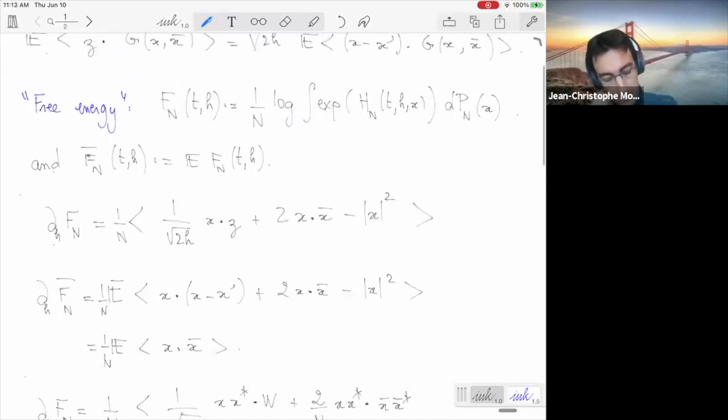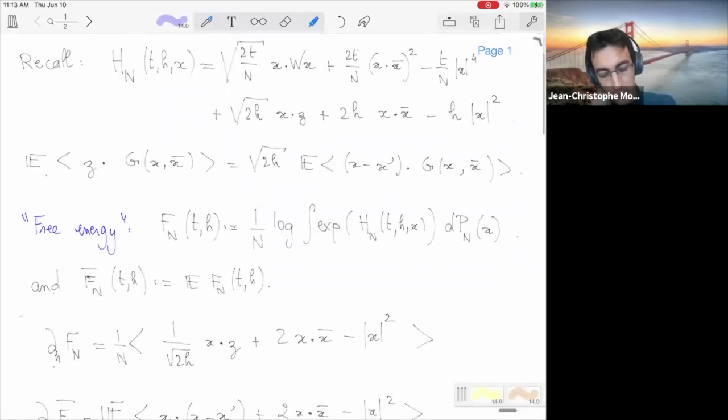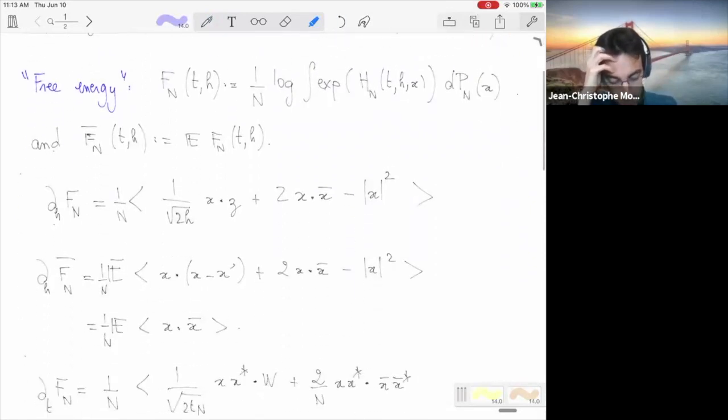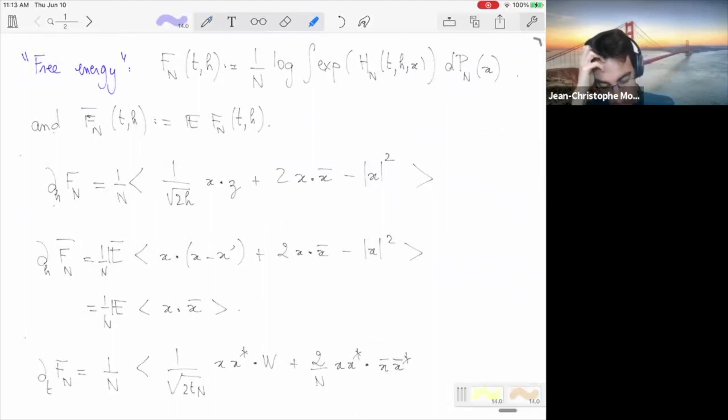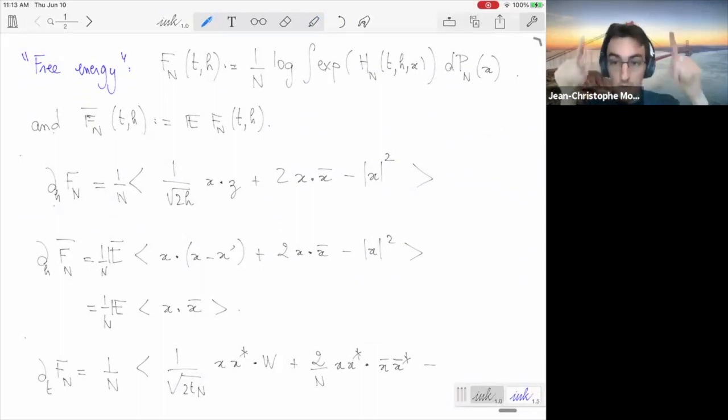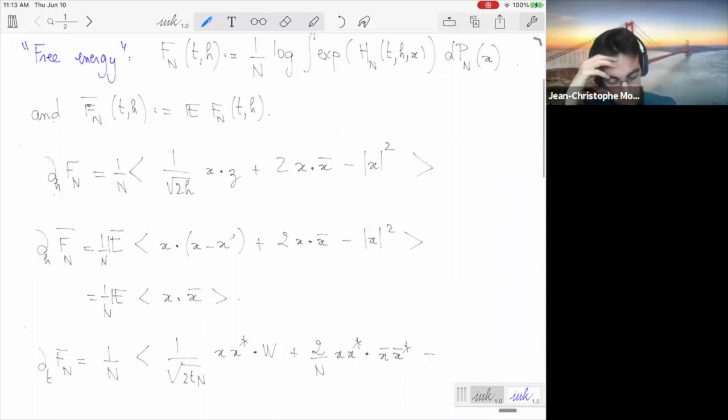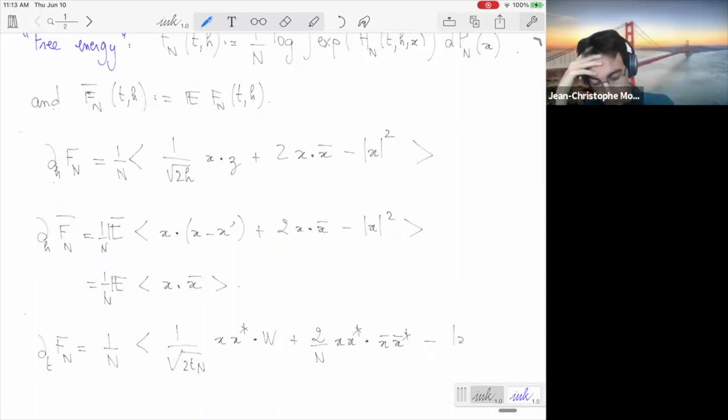So I'm rewriting this as an equivalent expression to this one. I just want to display really very explicitly that it's exactly the same structure as when we differentiate in h. So instead of writing this, I reshuffle the scalar product and write it like this, 2 over n. And then the last term is minus, I could write x to the 4, but I'm going to write it as x star squared.